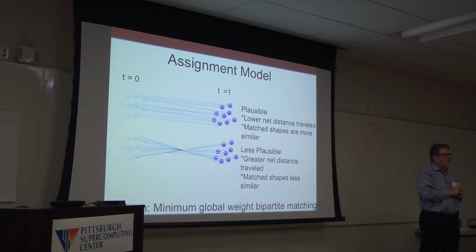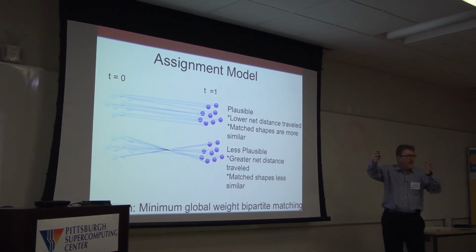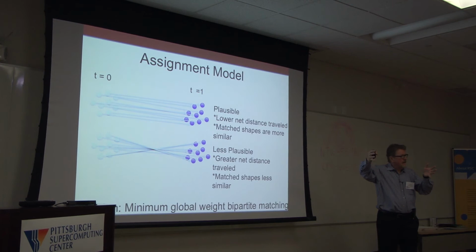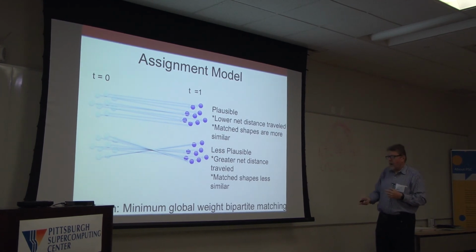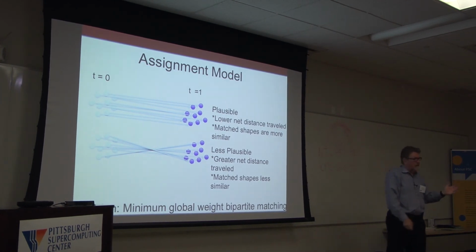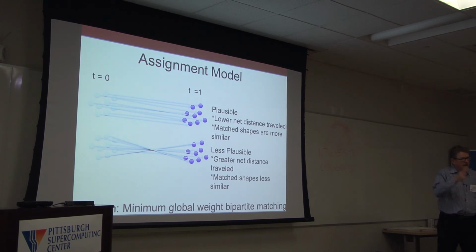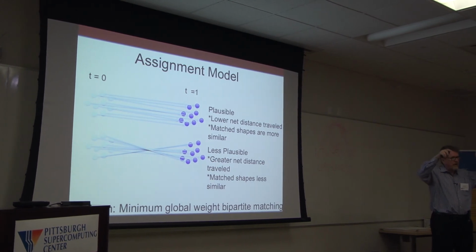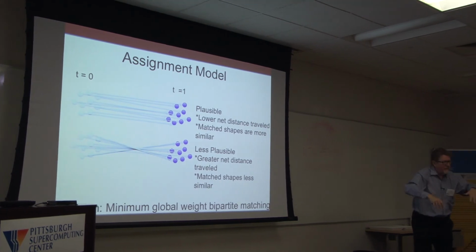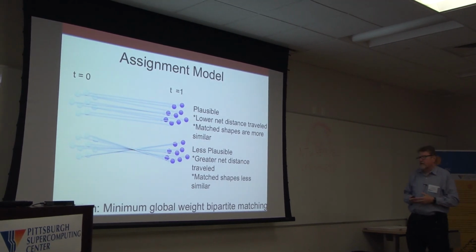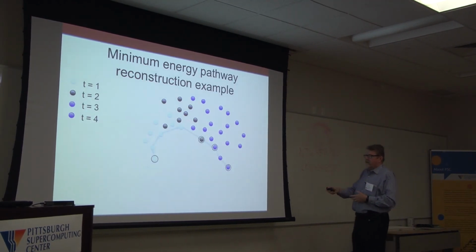Okay? So we're going to link them up, pair them up. And the way we do that is a standard approach, minimum global bipartite matching, right? What pairs of points will give you the minimum overall distance? And so that's what that's illustrating.